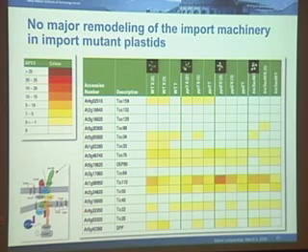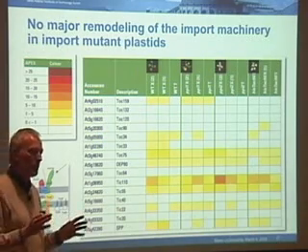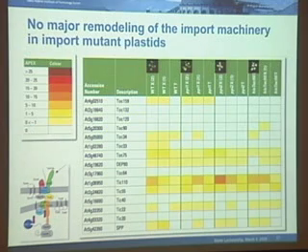But this is not what we are seeing. If you look at the various components of the import machinery in the mutants, we are not seeing a large-scale reorganization of the import machinery, which is very interesting.